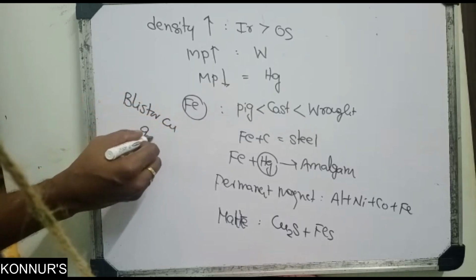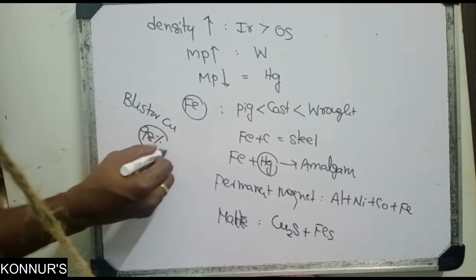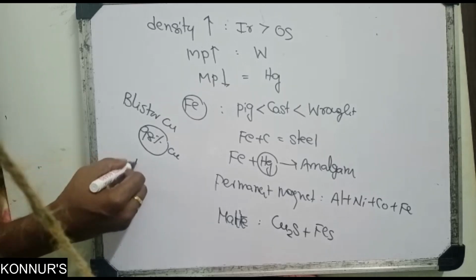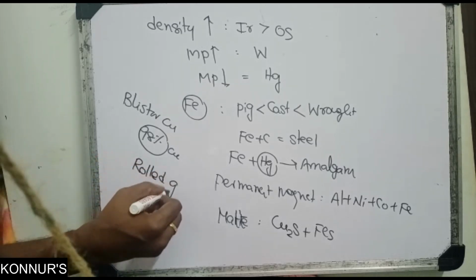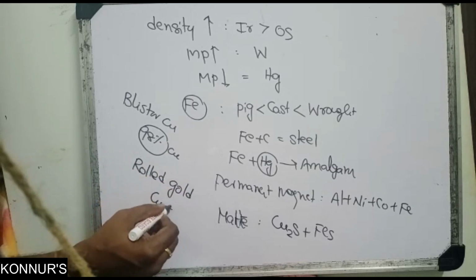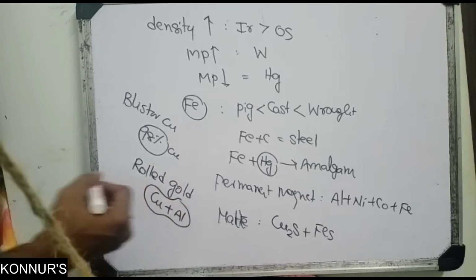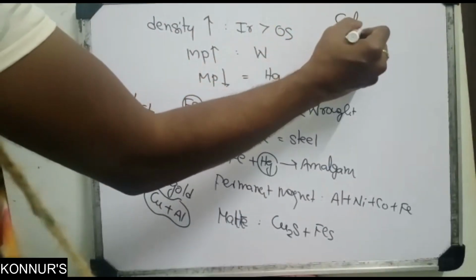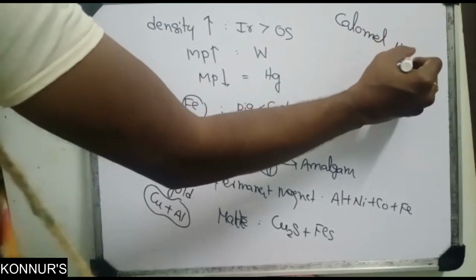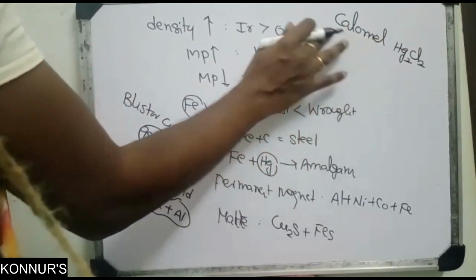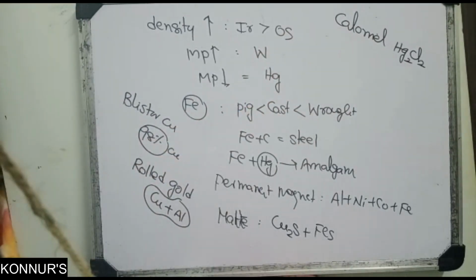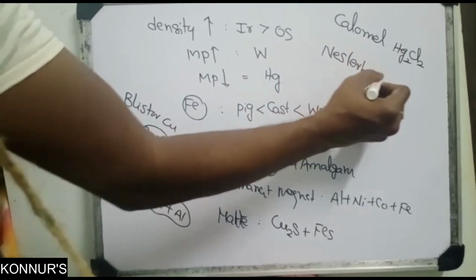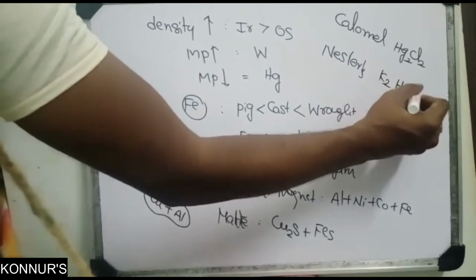Blister copper means pure copper, that is 98% copper. So you call it blister copper. Rolled gold means copper plus aluminum. Next, we already saw calomel. Calomel is what? Hg2Cl2. Next, Nessler's reagent. Nessler's reagent is what? K2HgI4.